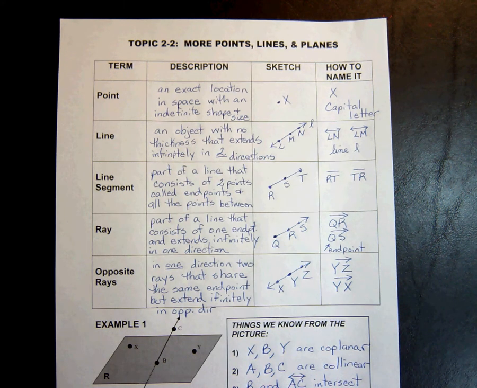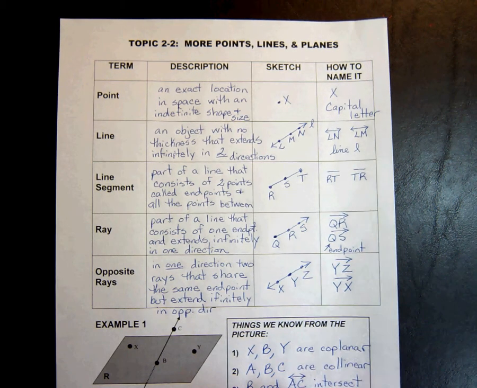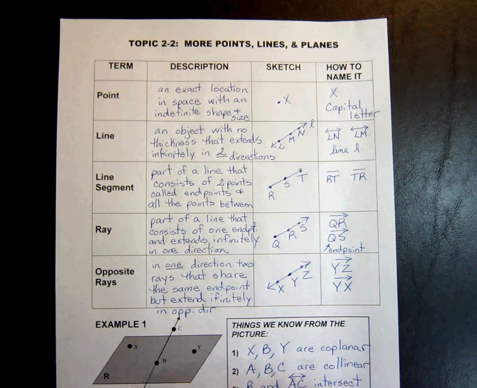We can name some opposite rays. The opposite rays could be BC, and remember again, start with the B, BA, and those are opposite rays. And the last thing, what line is contained inside the plane?